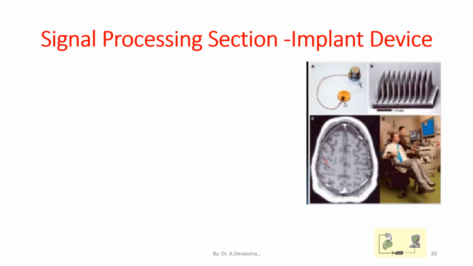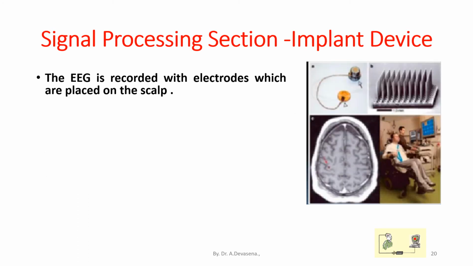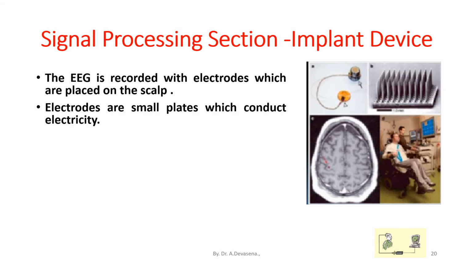Implant device section. The EEG is recorded with electrodes which are placed on the scalp. Here is a representation. Electrodes are small plates which conduct electricity.